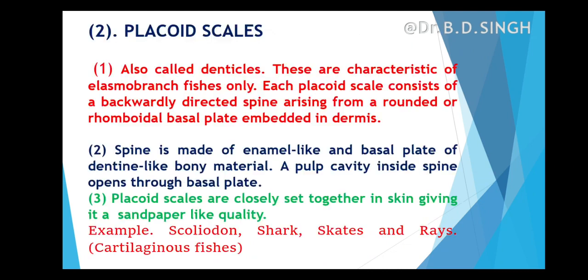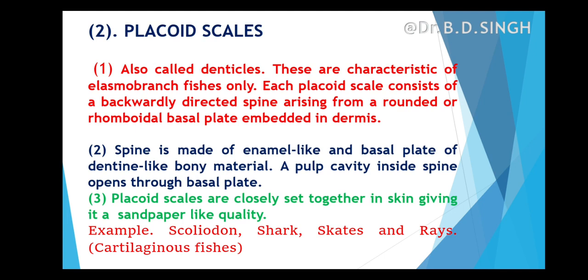Then after, I discuss the placoid scales. The placoid scales, also called denticles, are characteristic of elasmobranch fishes only. Each placoid scale consists of a backwardly directed spine arising from a rounded or rhomboidal basal plate embedded in the dermis.